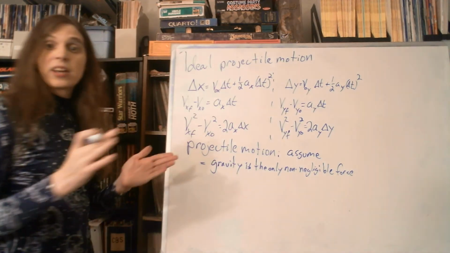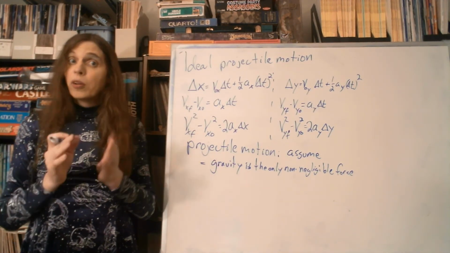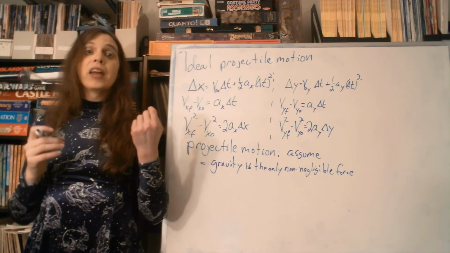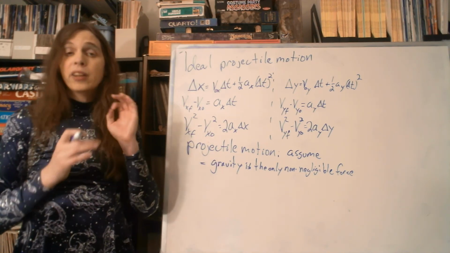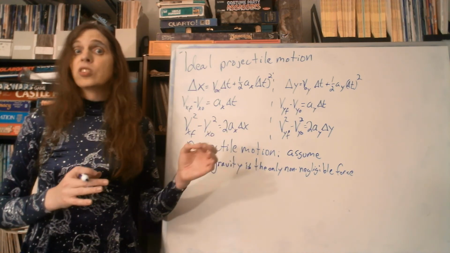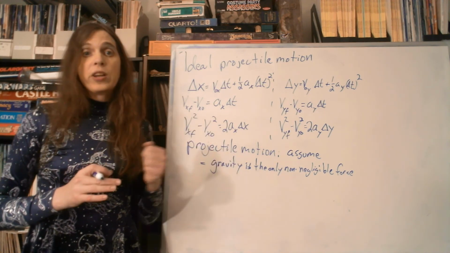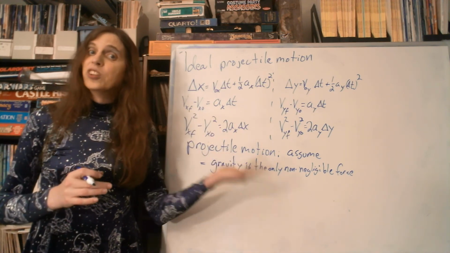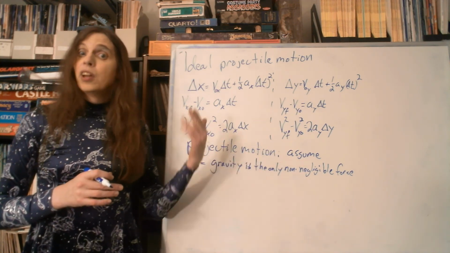So we're going to make that assumption. It doesn't mean that other forces don't exist, but that we don't care about them enough in our model. We think that our model of projectile motion is such that those forces are so small, we can run the equations as if they're not there, and we'll get close enough to reality.